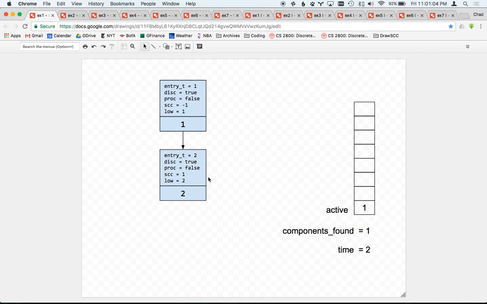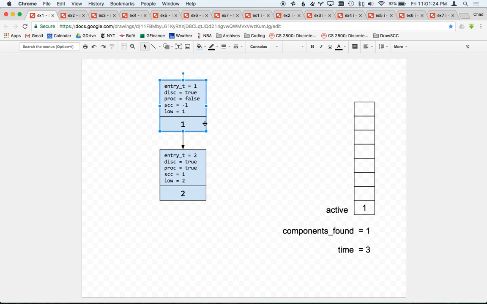Now we have finished processing vertex 2 late, and we are going to leave vertex 2. On the way out, we mark vertex 2 as processed, that is, PROC equals true, and we increment the time marker as we leave vertex 2.